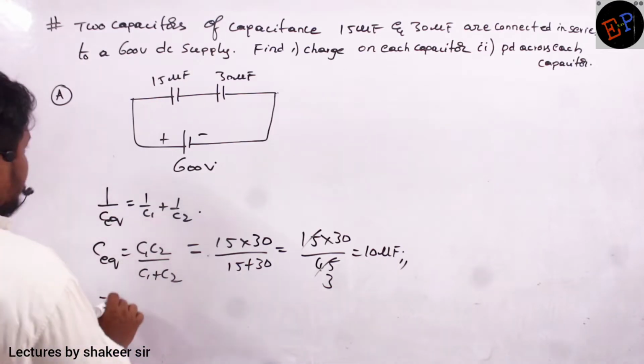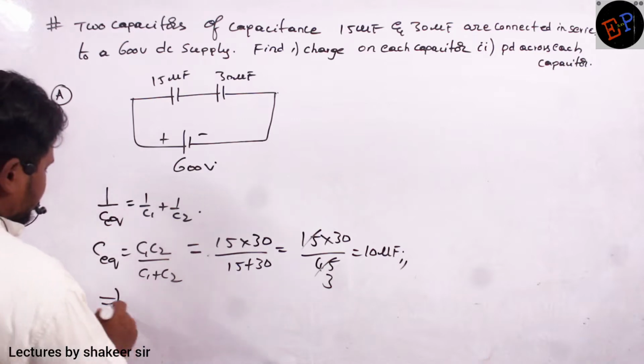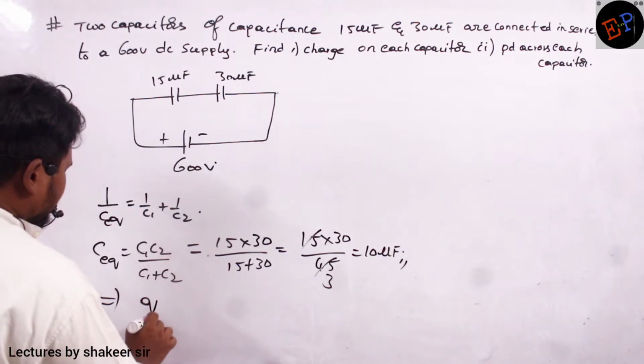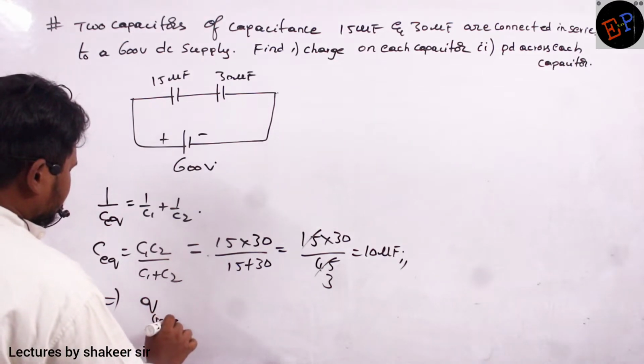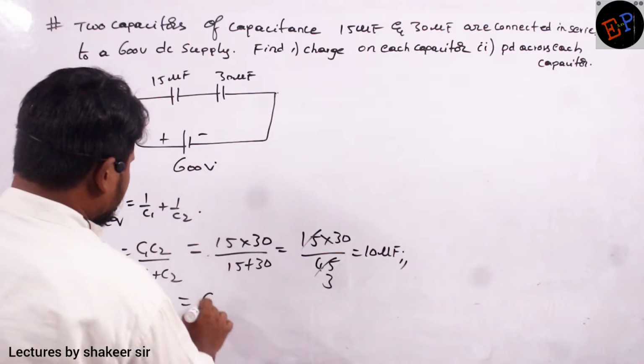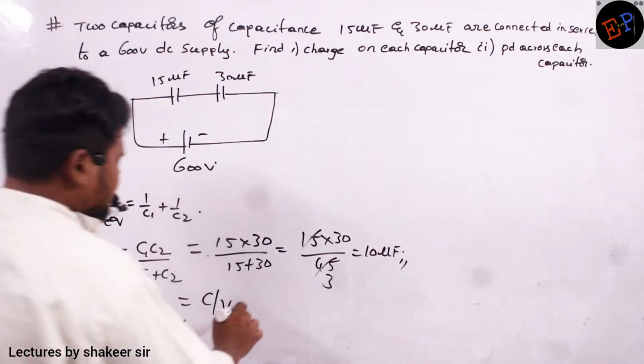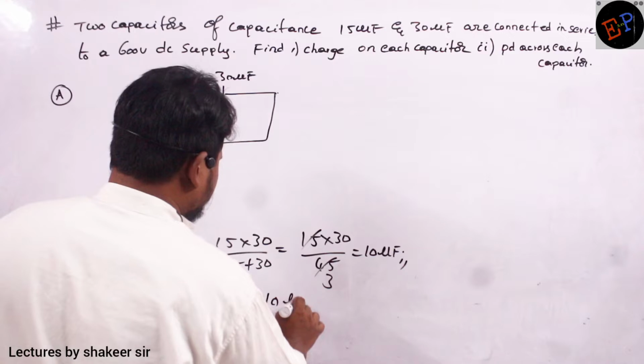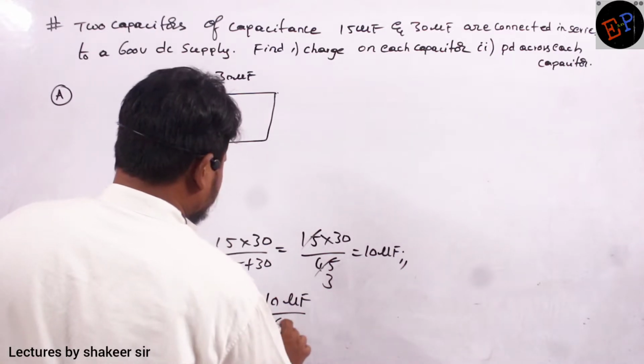Once I calculate equivalent capacitance, I can calculate the charge supplied by the battery. Q is equal to C into V. Capacitance is 10 microfarads, potential is 600.